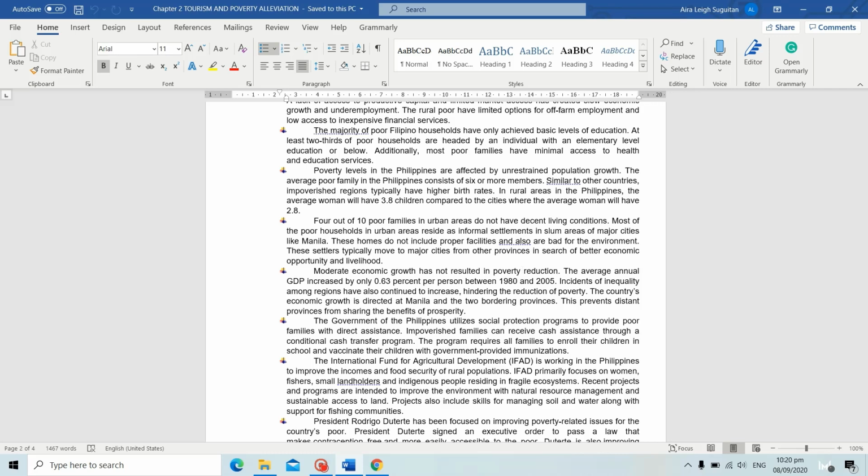Ibig sabihin yan, this is the monetary value of all finished products and services made within the Philippines for a specific time. So for 1 year, let's say for 1 year. So the average annual GDP increased by only 0.63% per person between 1980 and 2005. So ilang years yan? 1980, 1990, 2000. So in 25 years, ang average annual increase lang every year is 0.63.